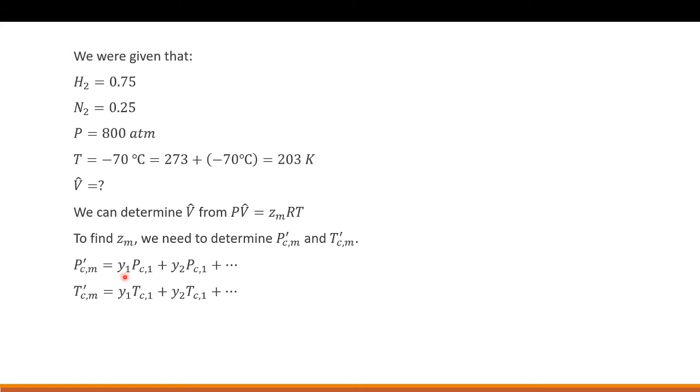For example, if you have H2O here, then you put the fraction of H2O in the mixture, multiply by the critical pressure of H2O, plus the other remaining components in the mixture. The same method is used for the critical temperature of the mixture.